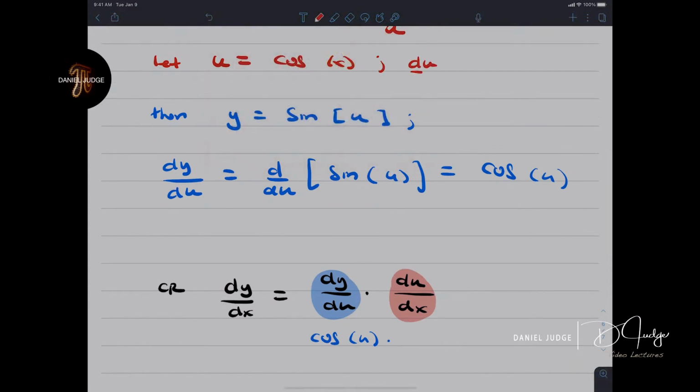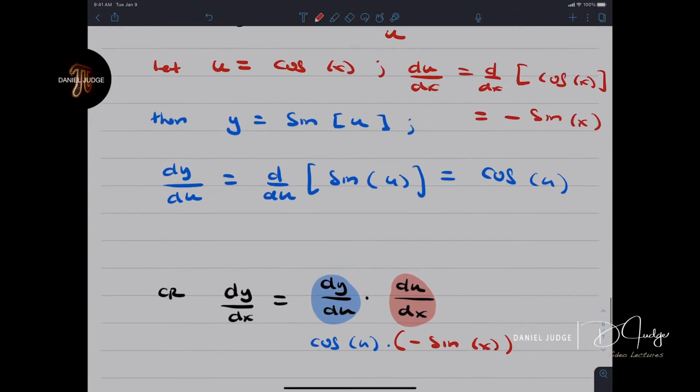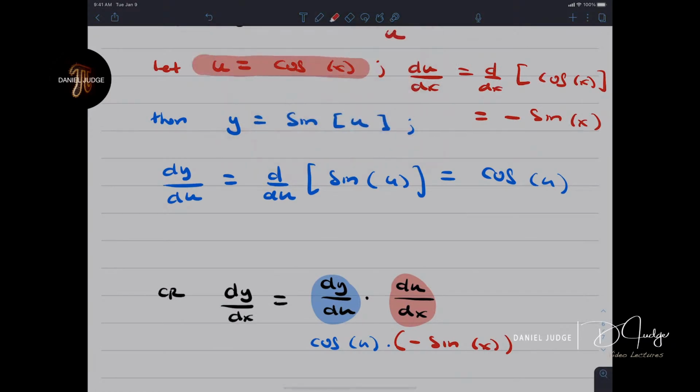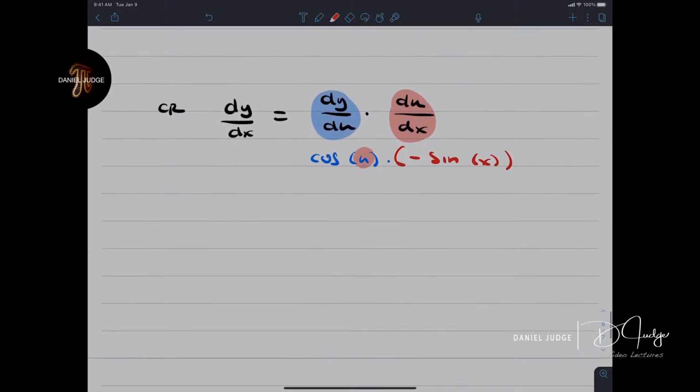Here, du dx is the derivative of cosine, which is minus sine. So this portion is minus sine. Don't forget that u is cosine. So this u will get replaced with cosine.